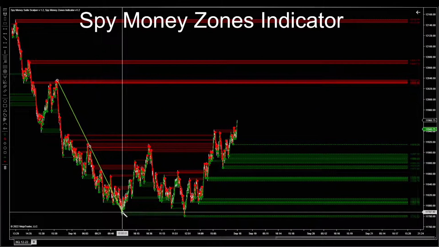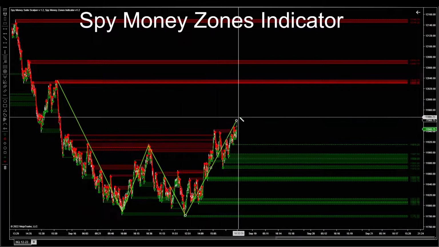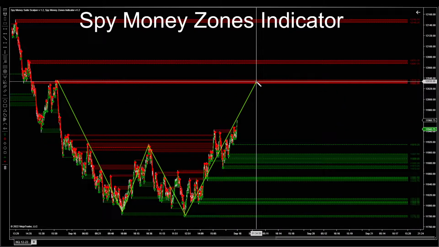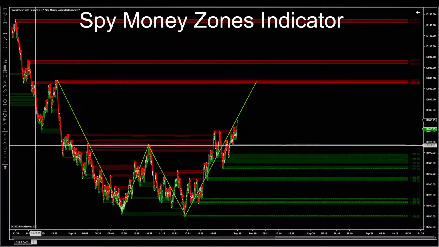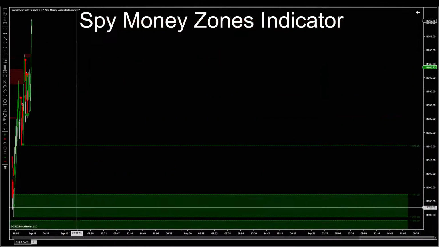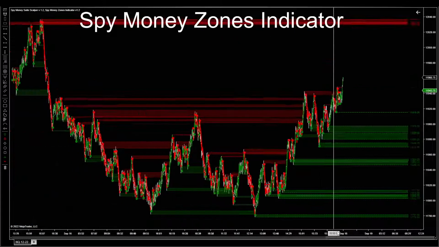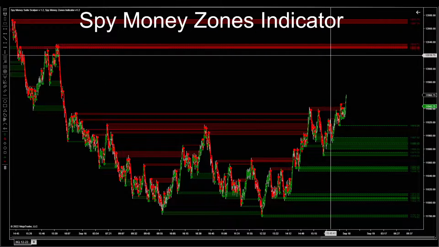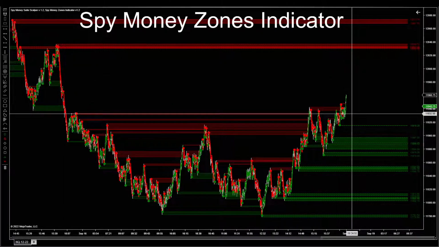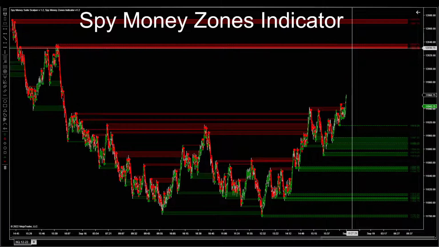But if you come down here, and right here, we're probably coming back up to here. That's probably what we're doing, but we won't know until the market opens and we see what's going on. Looking at this, we can see that there are no more zones here because we had this big drop, and since we went up, we are more than likely going to go up here.